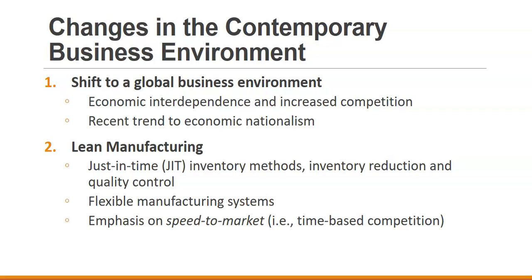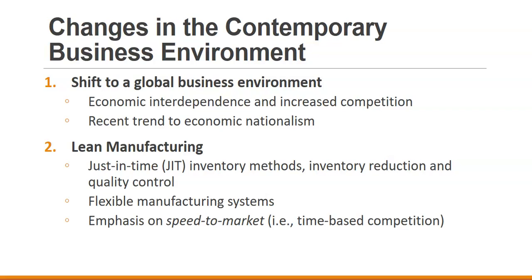This is where just-in-time inventory methods come in, where we don't start producing inventory until we have demand for that inventory. We also have flexible manufacturing systems where we might start the manufacturing system and build to a certain point and then finish the order after orders come in.